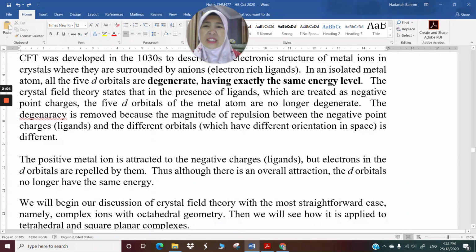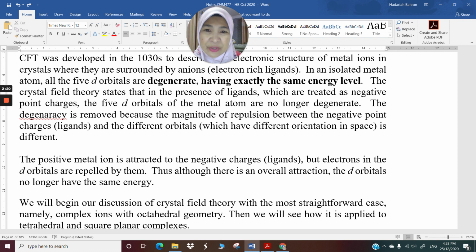Now, CFT was developed in the 1930s to describe the electronic structure of metal ions in crystals when they are surrounded by anions, or when they are surrounded by electron-rich moieties like ligands.